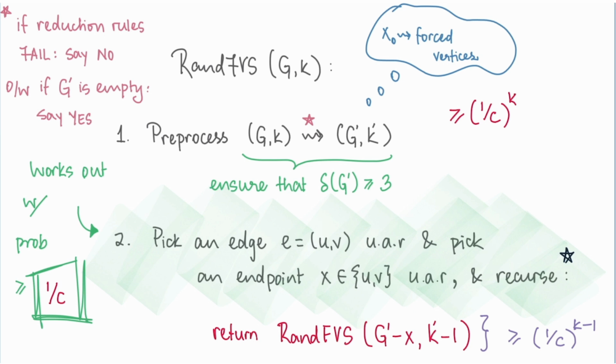Now there are some details that do need to be worked out, and specifically the detail that I'm skipping here is the one about how the pre-processing step interleaves with the randomized step. But the intuition here is that the pre-processing step basically can't hurt, because you have a fixed FVS at the back of your mind with respect to which you are working out these probabilities. And notice that these vertices x0 actually belong to this FVS X for sure, because by design our reduction rules only force those vertices which belong to any FVS.